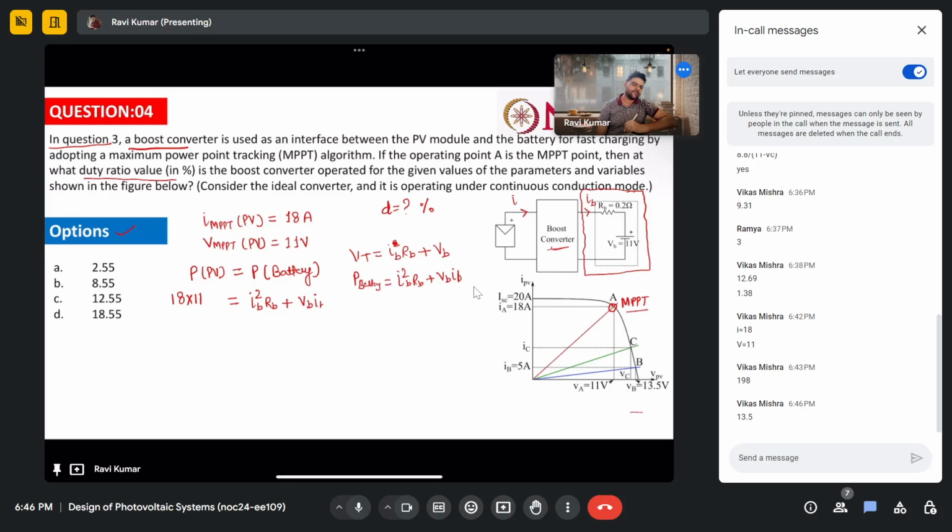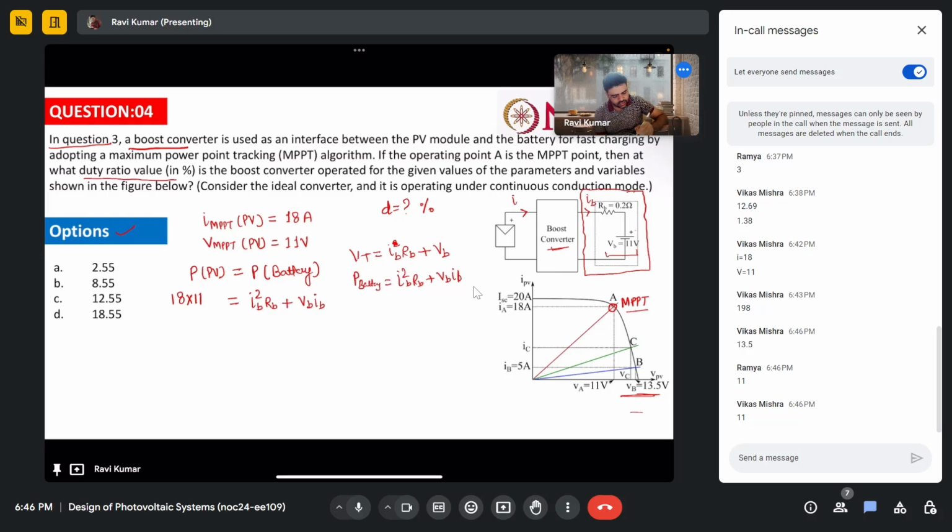How? No, not from this circuit. I am asking this with the boost converter. Yes, 11.